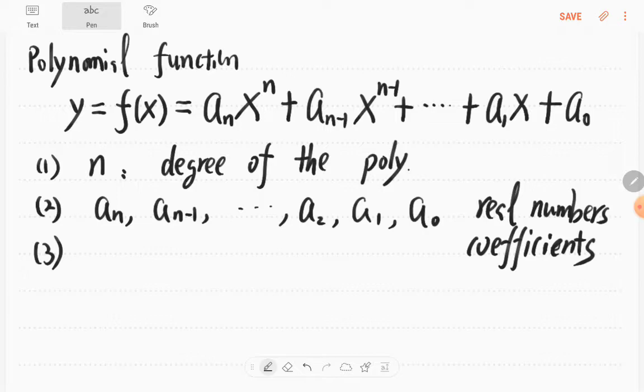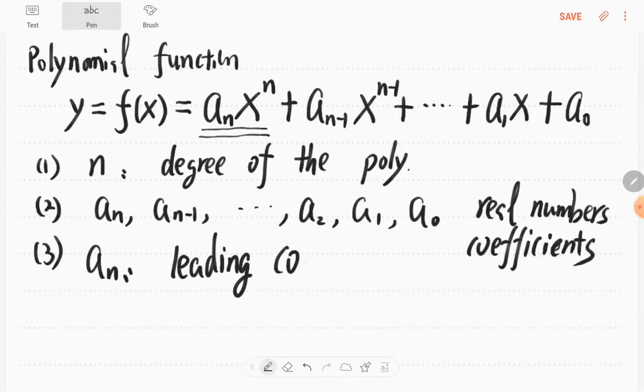And the coefficient for the x to the nth power, this a sub n, we give a special name, which is called the leading coefficient, which is the coefficient of the highest power term.